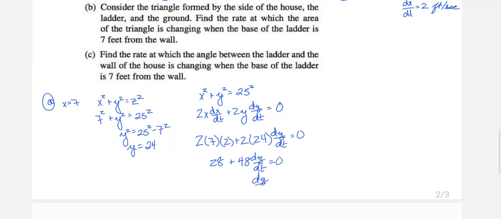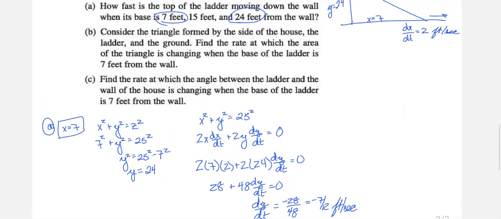So dy over dt, if I were to move the 28 over and then divide by 48, I'm going to end up with negative 7/12, and that's going to be in feet per second. So that's at this moment in time when x is 7 feet from the wall.